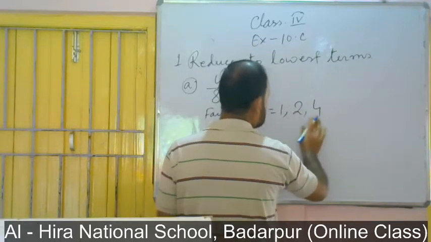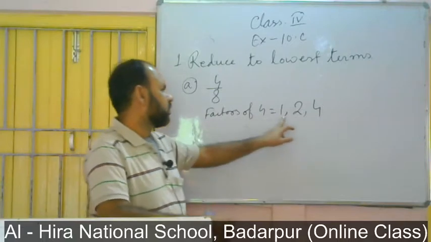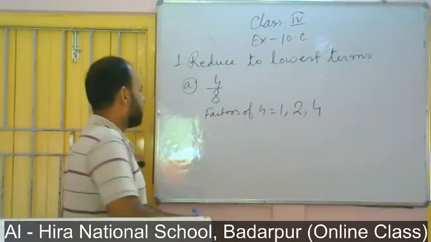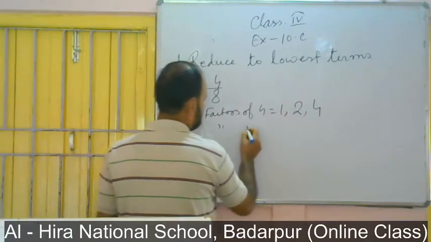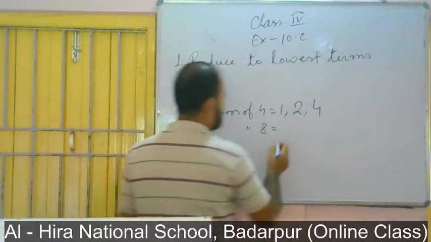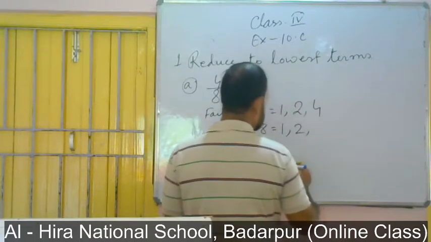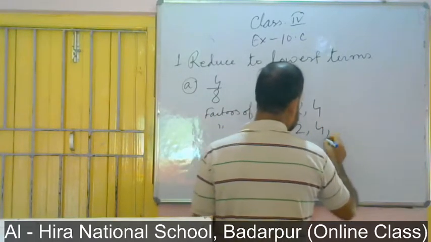So the factors of 4 are 1, 2, 4. Next, the factors of 8: 1 eight is 8, 2 fours are 8, 4 twos are 8, and 8.